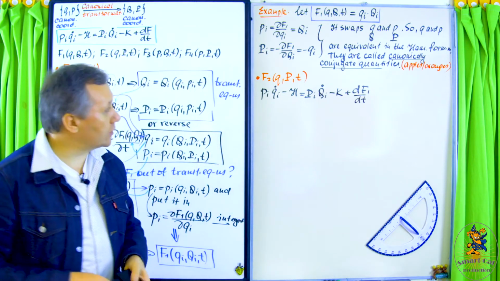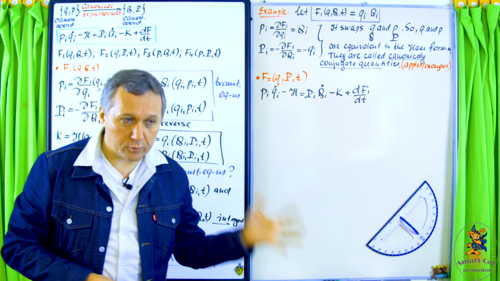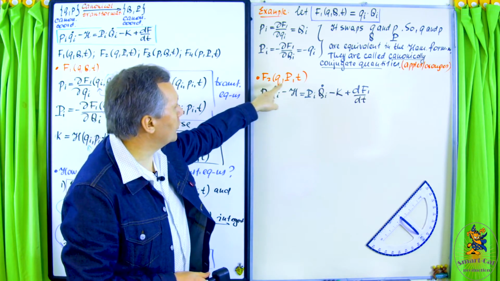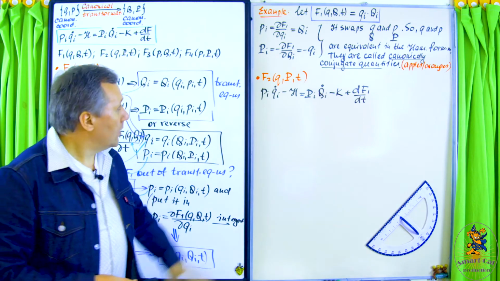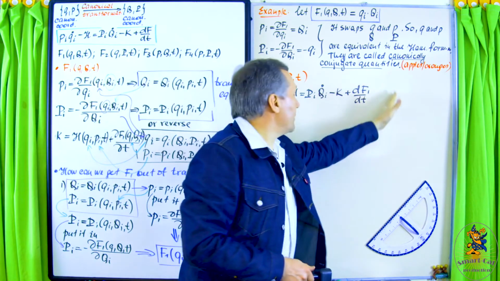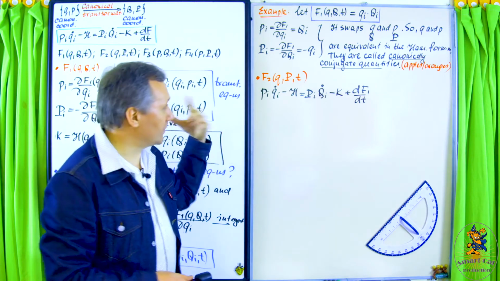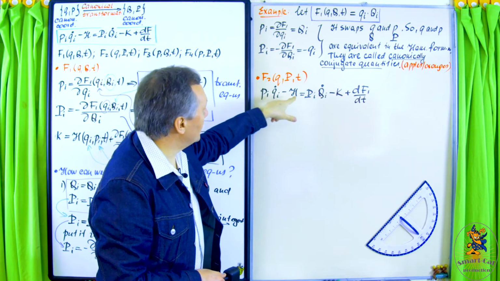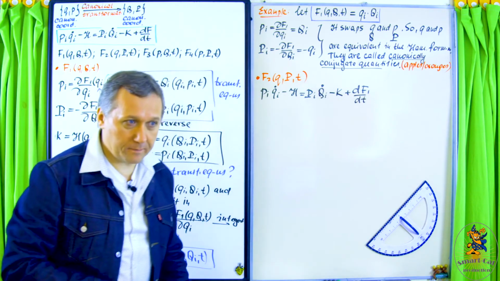But now let's look at each term in order to understand which terms are wrong or will be wrong if we do decide to use function f2, which is a function of q small, p capital, and t. Again, you can multiply the whole equation by dt in order to make it even more convenient. Then you will have p dq, H dt, P dQ, K dt, and df.